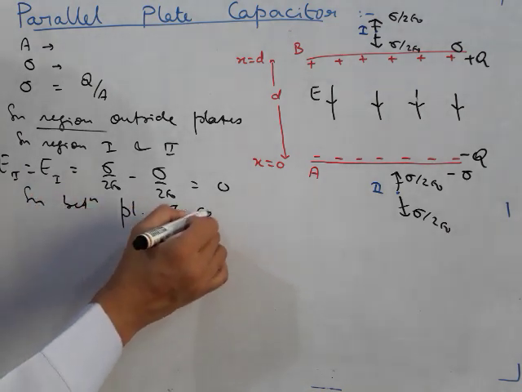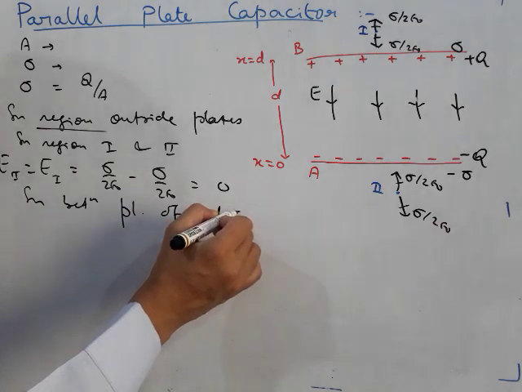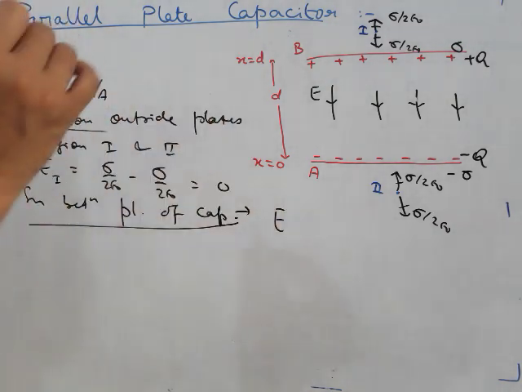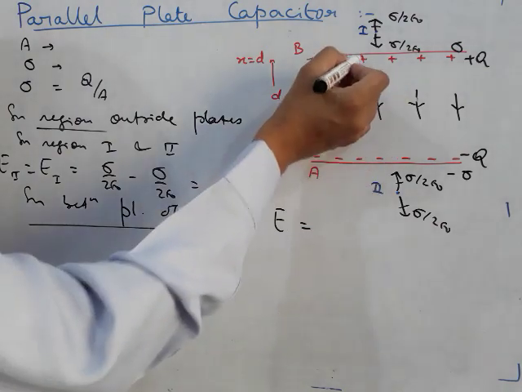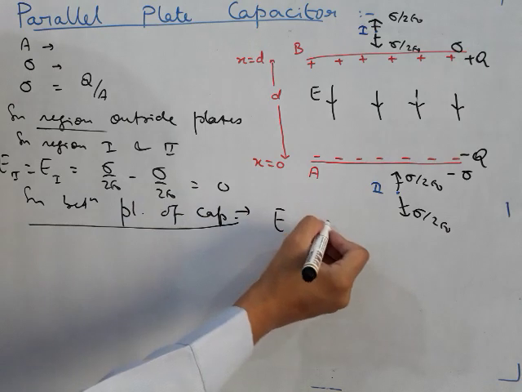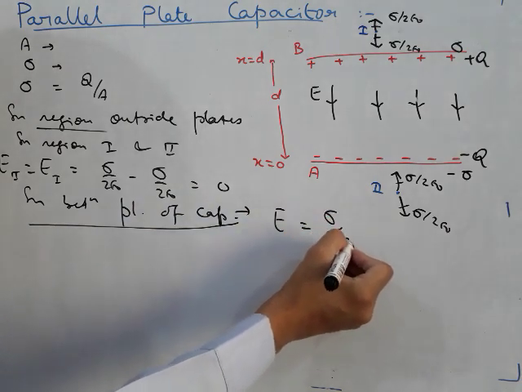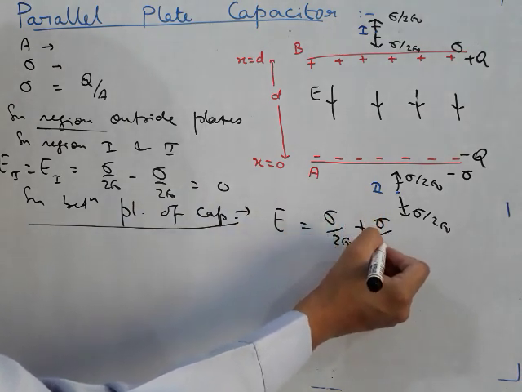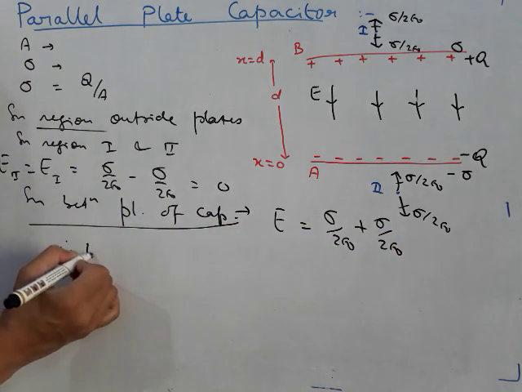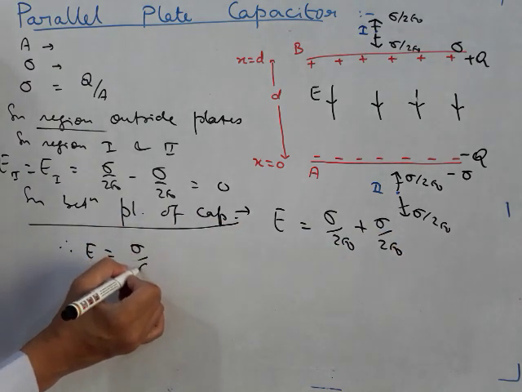So in between the plates of the capacitor, the electric field E will be how much? Due to the positive plate it is downward, and due to the negative plate it is again downward. So both of them are in the same direction. So we'll write sigma by 2 epsilon naught plus sigma upon 2 epsilon naught, and therefore the electric field will become sigma upon epsilon naught.